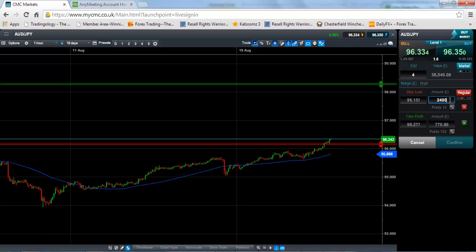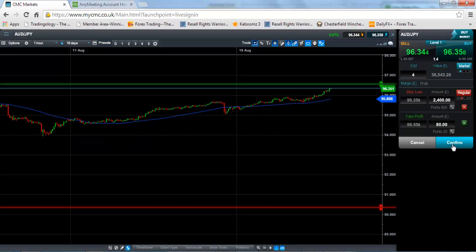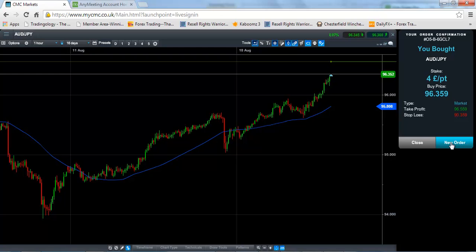I don't know how much you're starting with. And then the take profit, mine is £80. Then I just click on confirm and confirm again. It's gone through. I have placed the trade of Australian dollar Japanese yen.